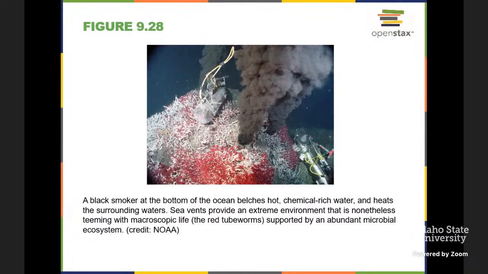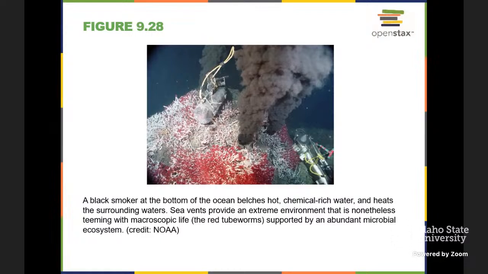Very high temperatures, a couple hundred degrees Celsius, super high pressure as we are deep down at the bottom of the ocean, massive amounts of pressure. How the heck can you survive in those types of habitats?